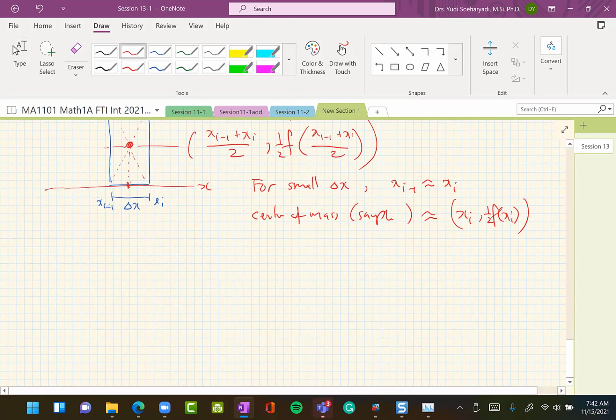So if you replace this sample by a point mass, this is the location of the point mass.